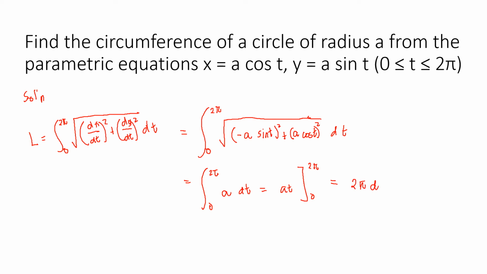So that is our answer. The circumference of the circle of radius a from the parametric equations x equals a cosine t, y equals a sine t, where t is greater than or equal to 0 but less than or equal to 2 pi, is equal to 2 pi a, not d, it must be a. Sorry, let's change this one into a.